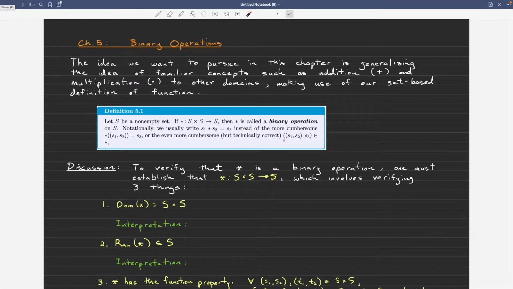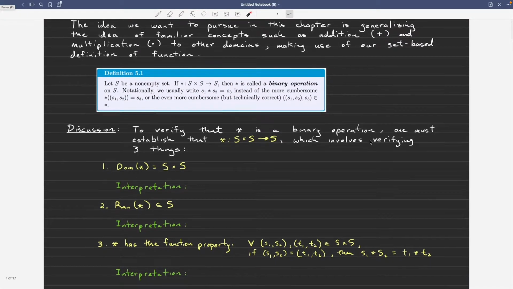An even more cumbersome notation is that we can think of star as a relation, because functions are relations, which are collections of ordered pairs. So when you say S1 star S2 equals S3, the ordered pair that's in your relation is a funny looking ordered pair. The first component of that ordered pair is itself an ordered pair, and then the second component is just a single element from S. So anyway, we're probably going to use this notation most of the time unless we have some really good reason to switch to one of those other notations.